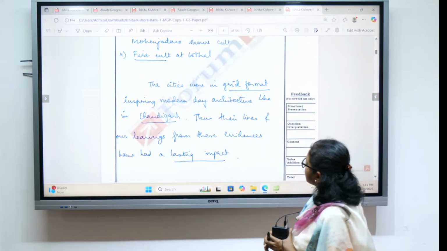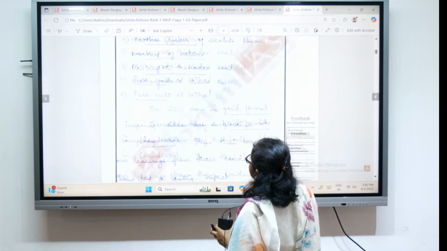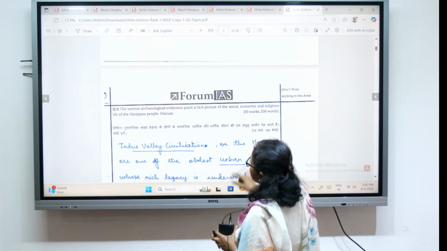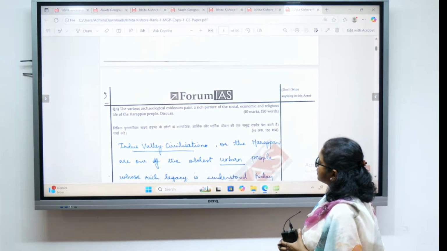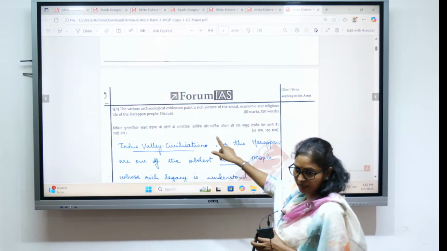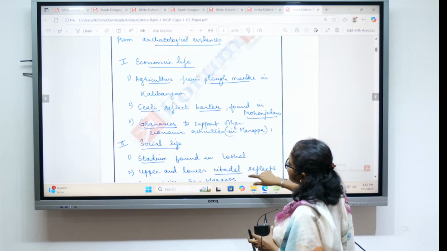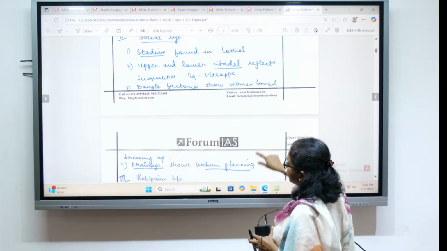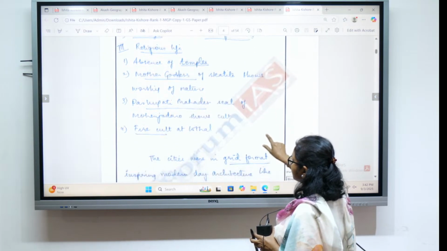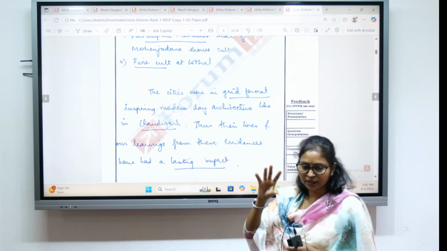The question is about the Indus Valley civilization. Her introduction says the various archaeological evidence paints a rich picture of social, economic and religious life. That is why she has mentioned economic life, social life and religious life. Each part she has addressed, and look at the conclusion. Conclusion is nothing but summarization.